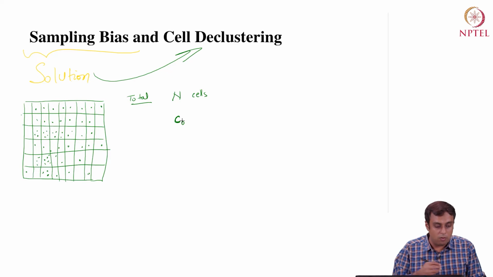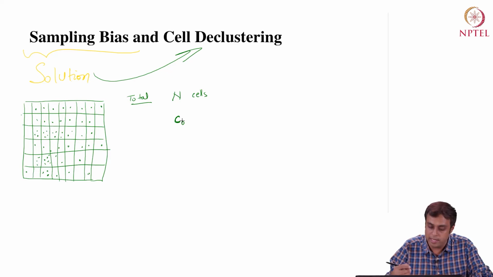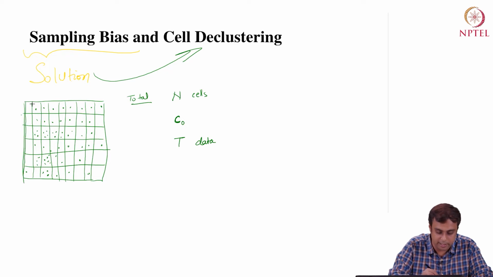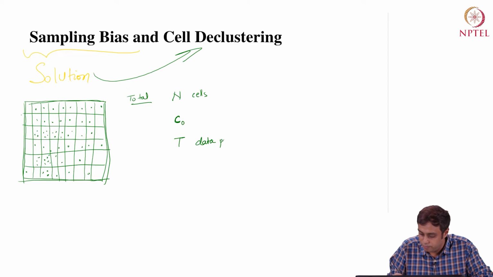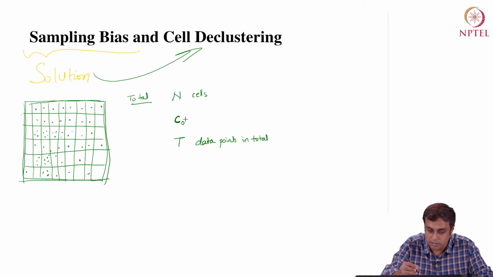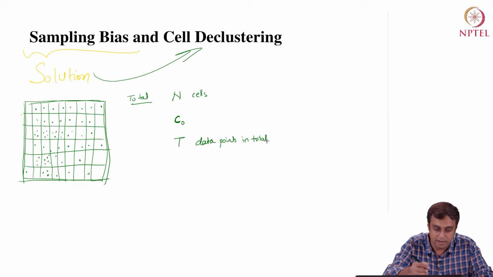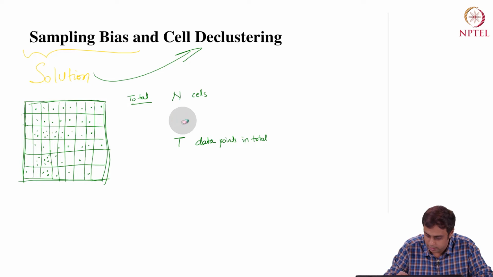Right, now what you can do is, let's say you have a total of t data points in the entire domain, right? So, total t data points in the entire domain, right? In total, right? Let's call it Cn. I'll just give it a notation of small n.